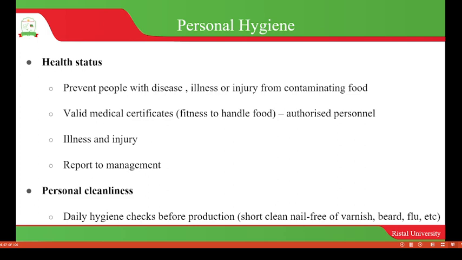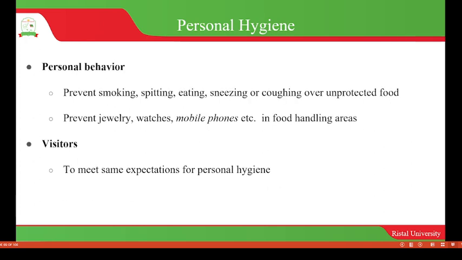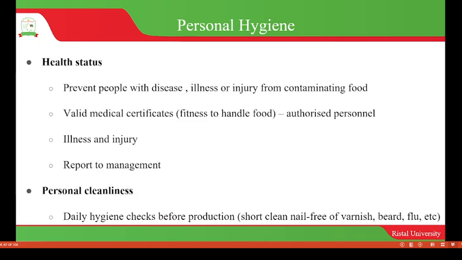Personal hygiene is also covered under good manufacturing practices. Here we mainly emphasize personal cleanliness, health status, hand washing facilities, behaviors, and the visitors who might come to the factory or the food processing area.